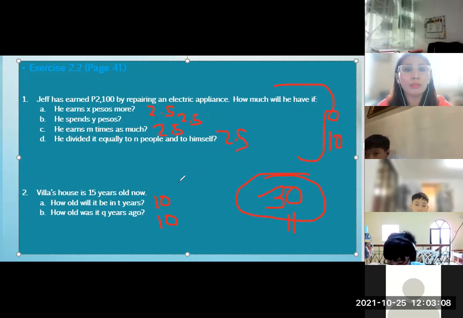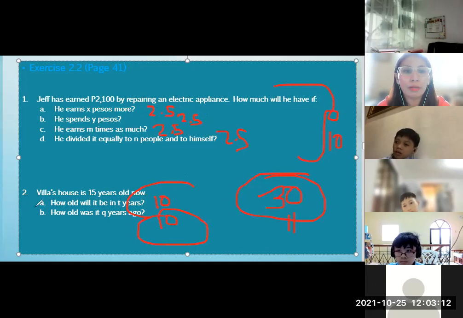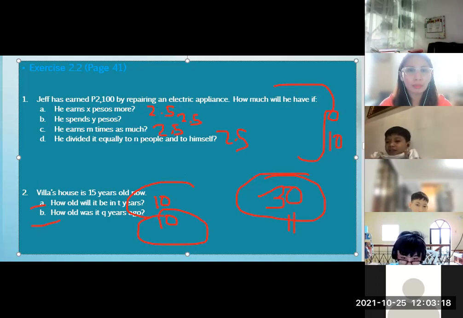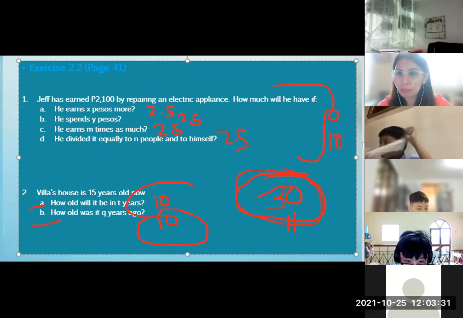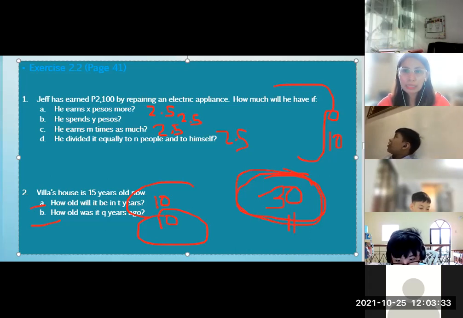And then for number 2, 10 points each. 10 points for A, 10 points for B. So a total of 30 points given. You'll just record your score.